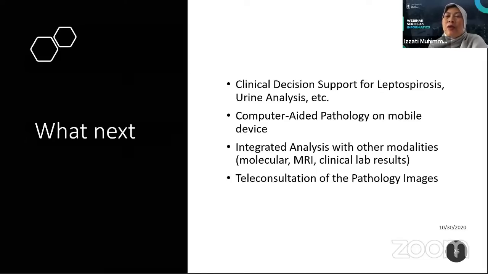I hope that I also showed you the potential for the future work that we need to do. So I'm happy if one of you can collaborate with us to make such a system available to help the pathologists make the correct decision based on slide reading. That's all. Okay, thank you.